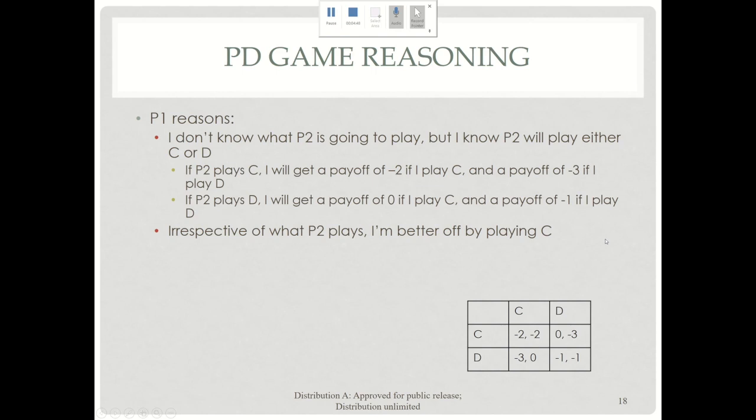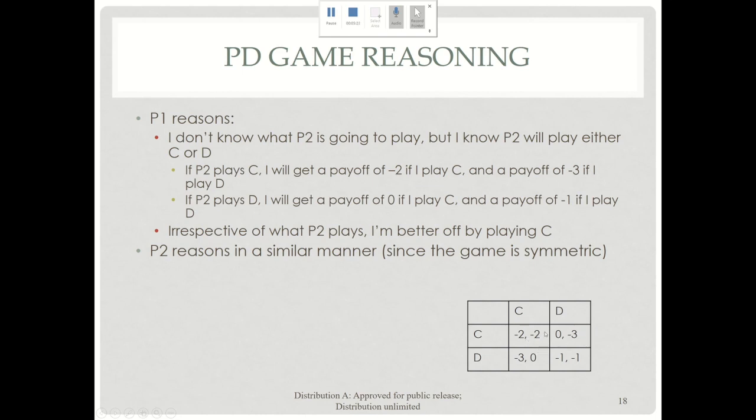Okay. So in both cases, player 1 reasons, irrespective of what player 2 is playing, C or D, I'm always better off playing C. And player 2 would reason in a similar manner, since the game is symmetric. And in that case also, player 2 would come up with the reasoning that it's better off playing C. Just for player 2's reasoning, keep in mind that player 2 would keep the row fixed and then see which am I better off over, C versus D. For example, keeping the row C fixed, player 2 would see, am I better off playing C and ending up with -2 or playing D and ending up with -3?